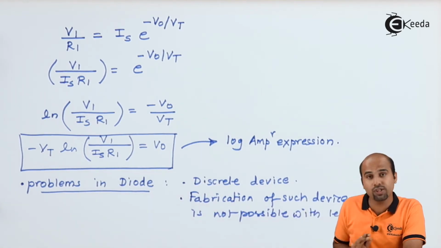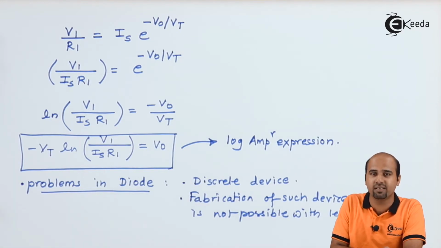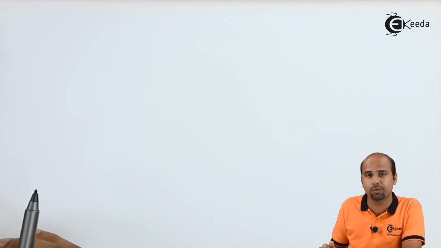So to reduce the area, as we are moving towards the integrated era, we are neglecting the diode and using a transistor instead of a diode. Rest all the circuit will be same. So we will learn how to design a log amplifier using transistor BJT.